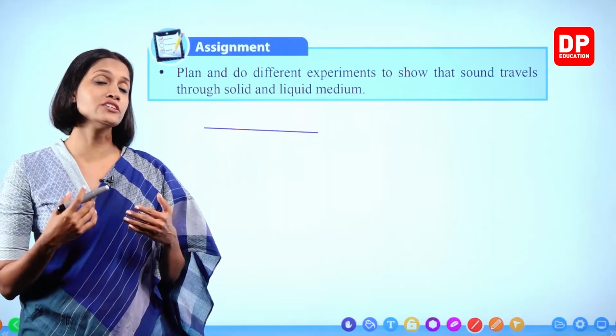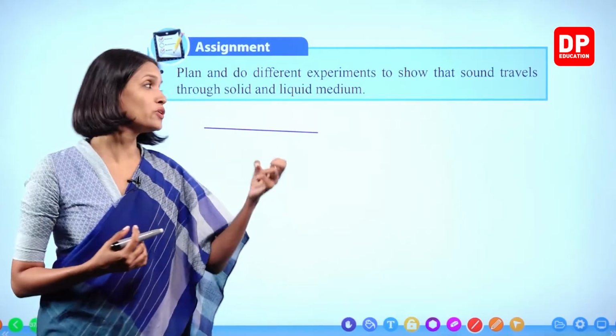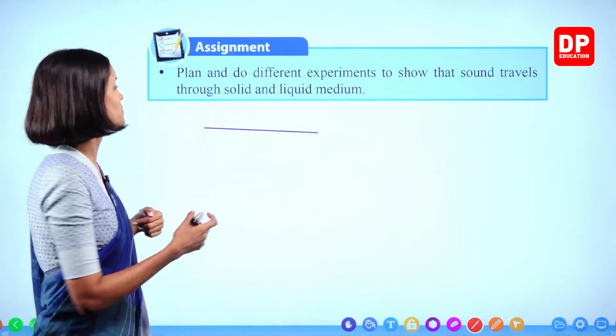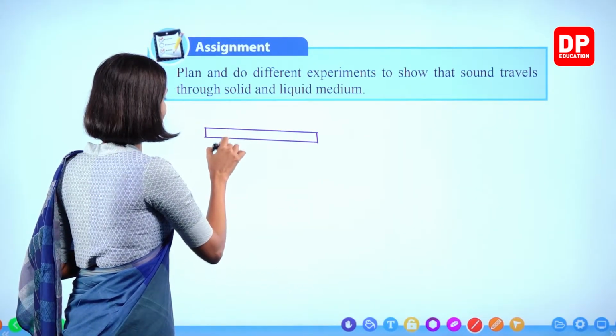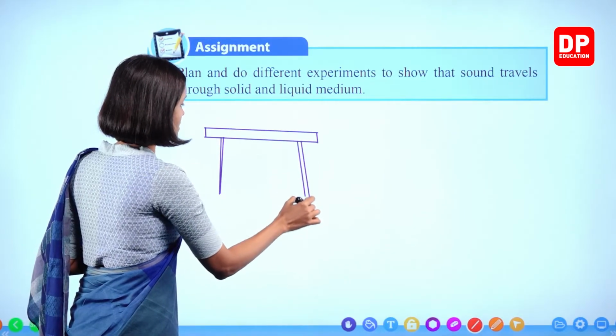Do you remember that I told you all, if you don't have a ticking clock, you can even tap on the table with a pencil or a pen. That's also fine. That's also one example. So you have to tap on the tabletop using a pencil or a pen.